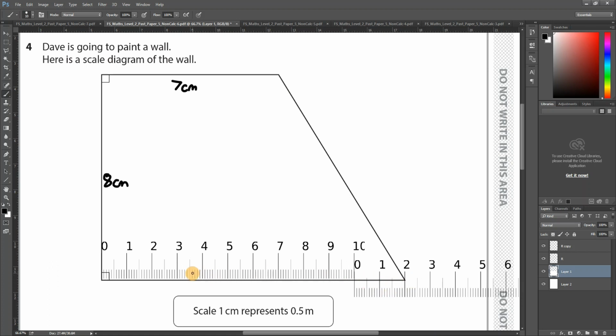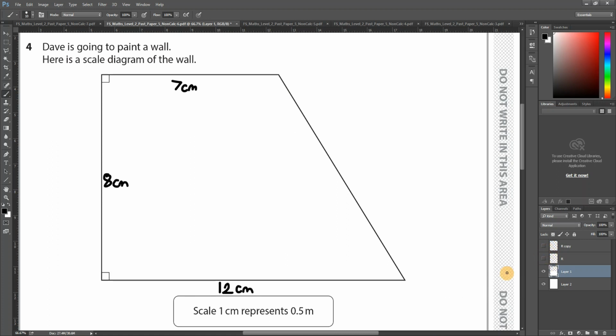From end to end, it's definitely 12 centimeters. Can you see it's 10 here and an extra 2 centimeters here? You should use your ruler and get exactly 12 centimeters in one go. I had to do it in stages. So I get 12 centimeters for the baseline here. Let me get rid of the rulers. There we go, they're gone.